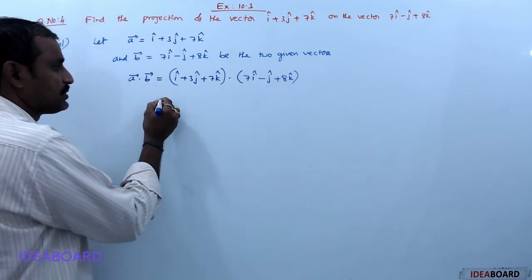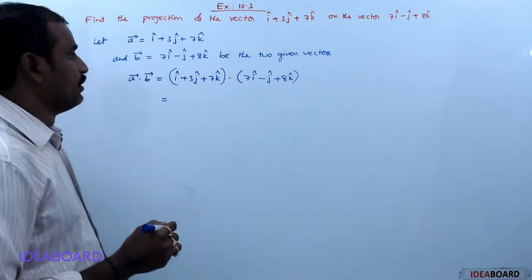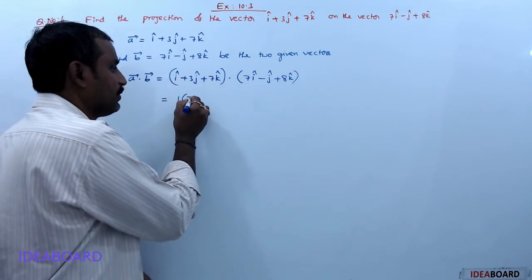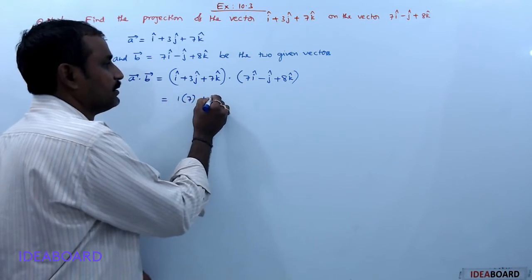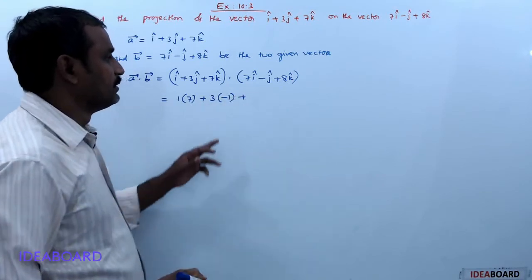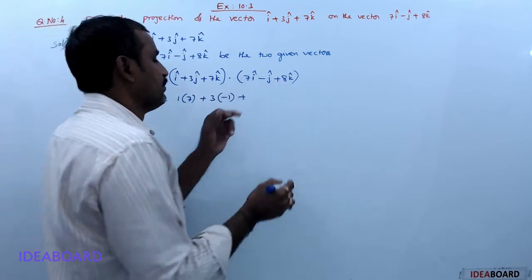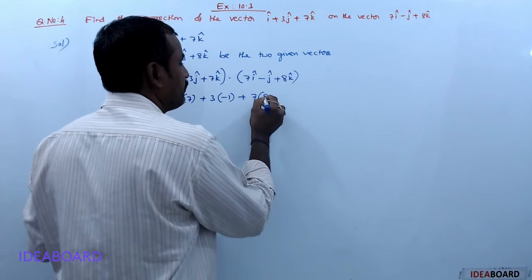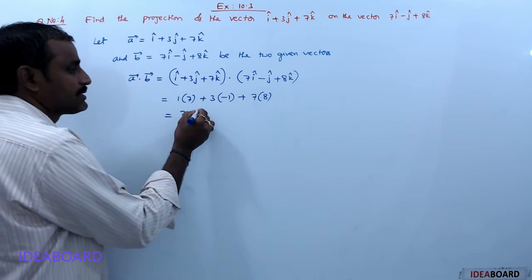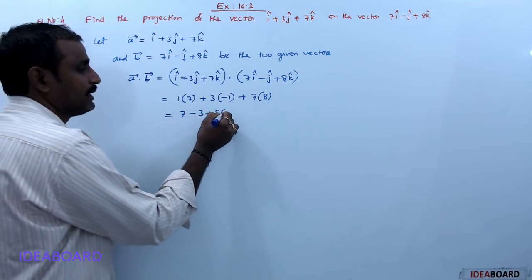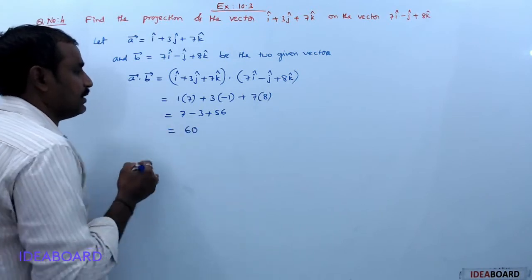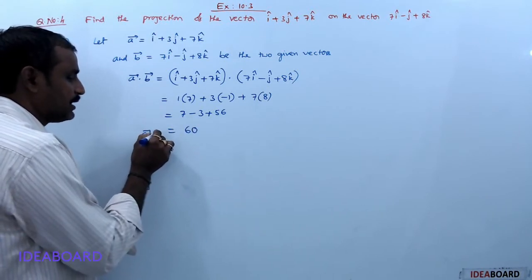The product of these two vectors: we multiply the scalar components of the i coefficients, 1 into 7, plus 3 into minus 1, plus the k coefficients, 7 into 8. So the value is 7 minus 3 plus 56, which is equal to 60. So a bar dot b bar is equal to 60.